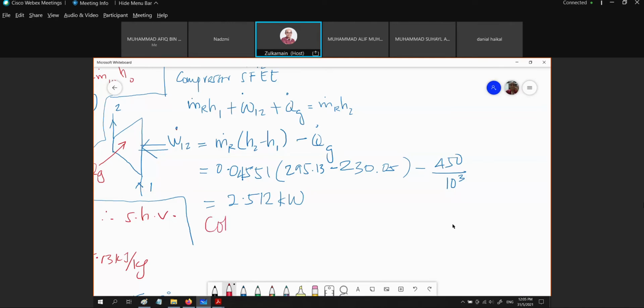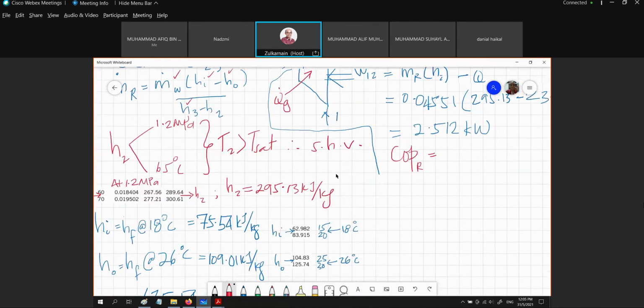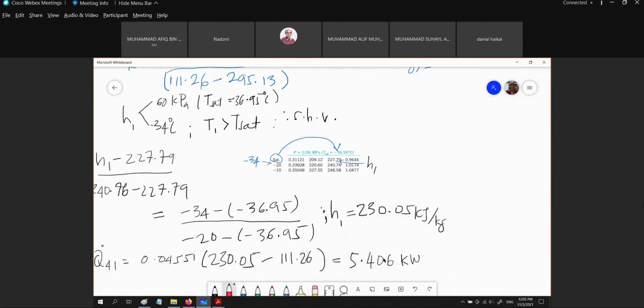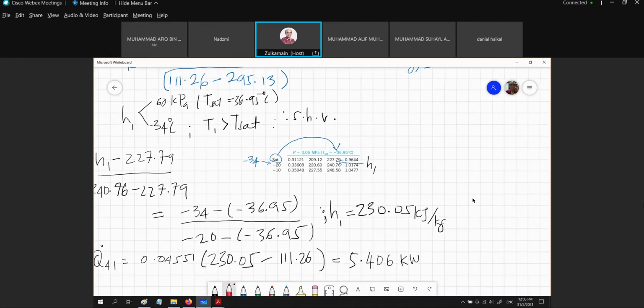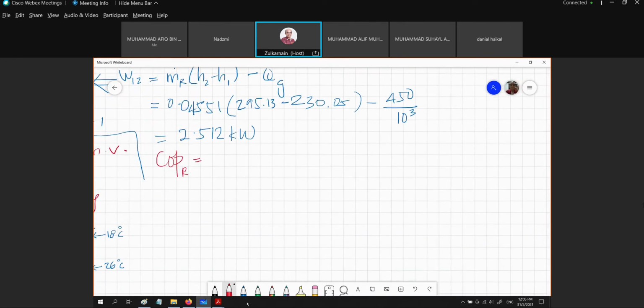So now we get the COP. What is COP? COP R is equal to, what is our Q41 just now? Q41 is 5.406, divided by 2.512.